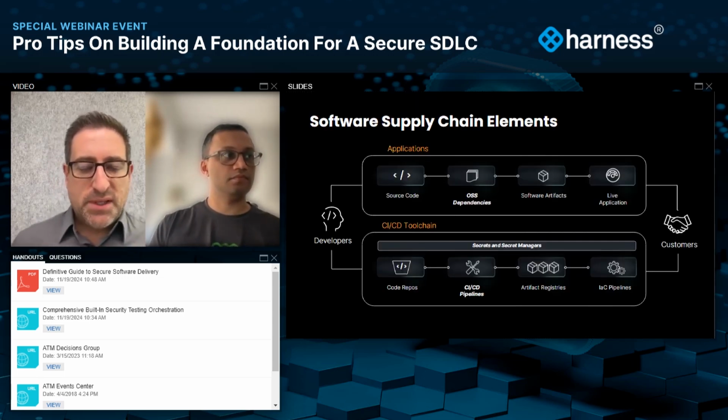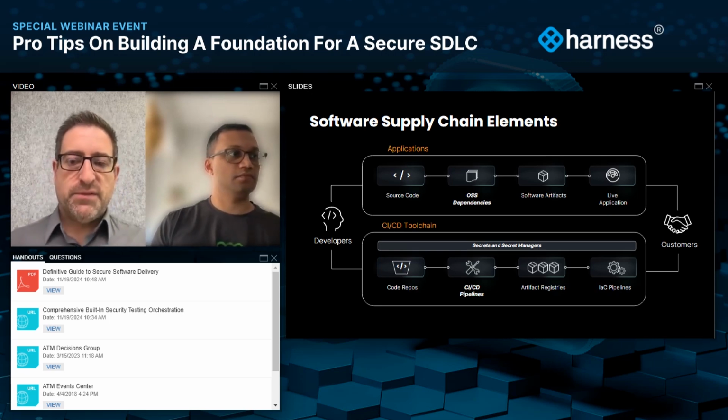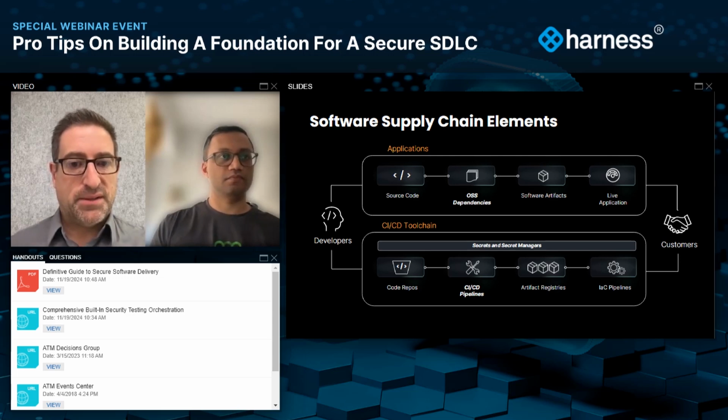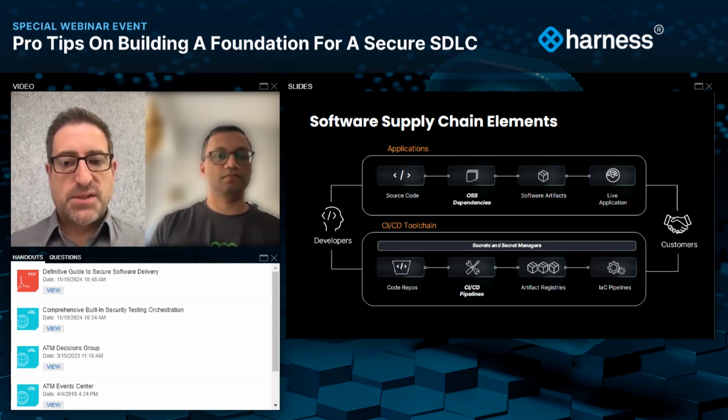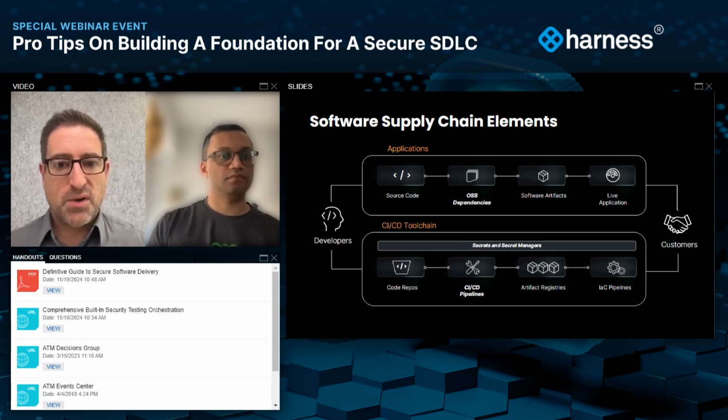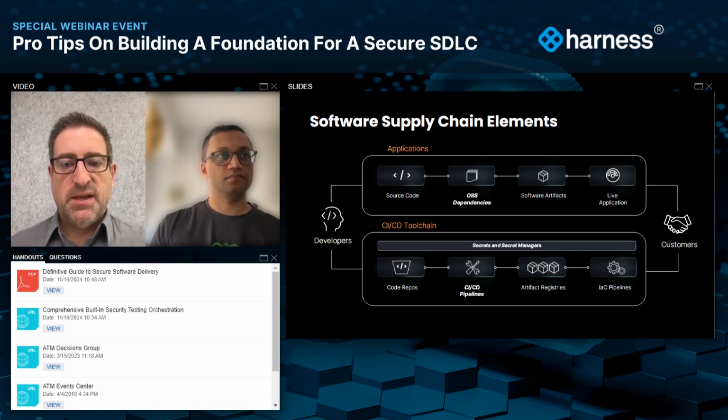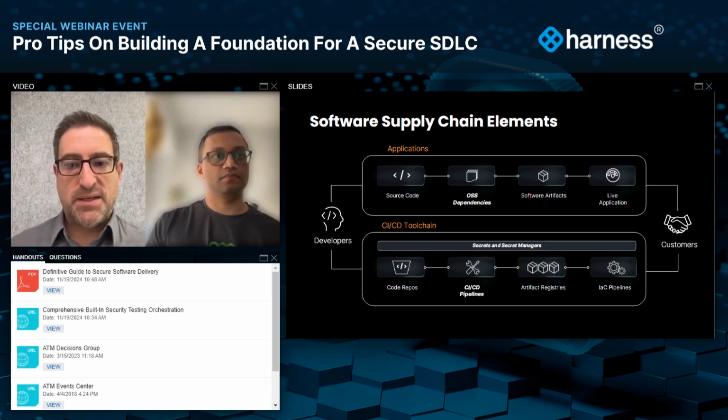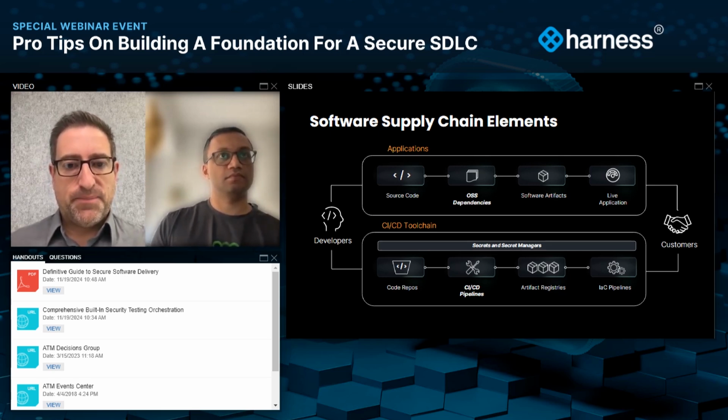In a deeper look, you can see our view of the software supply chain is really two main branches. There's the application branch, where you focus on your code and all of its dependencies and how it's packaged up and deployed. That's one area.